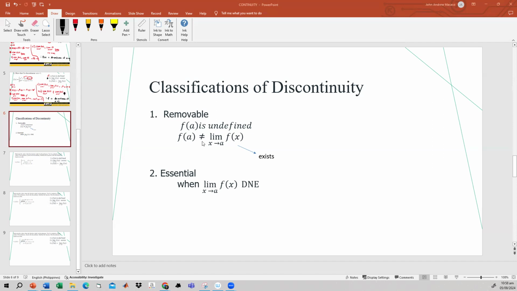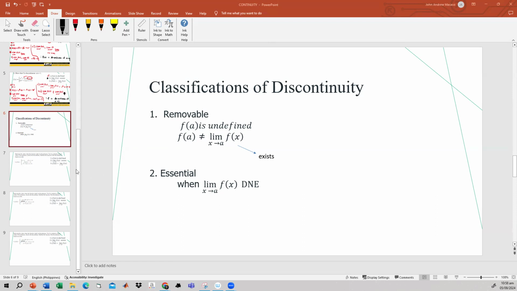In those two scenarios, we'll have a removable discontinuity. Then the essential discontinuity happens when the limit of f of x as x approaches a is DNE, or does not exist. So these are the two classifications of discontinuity.